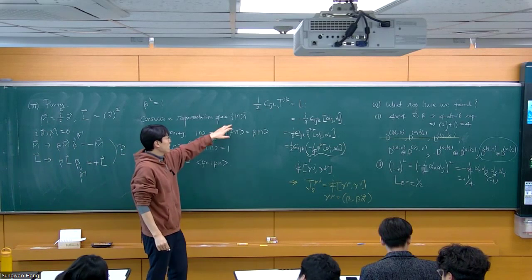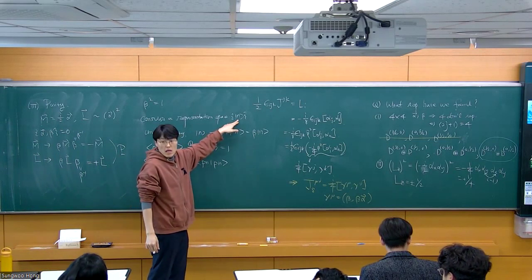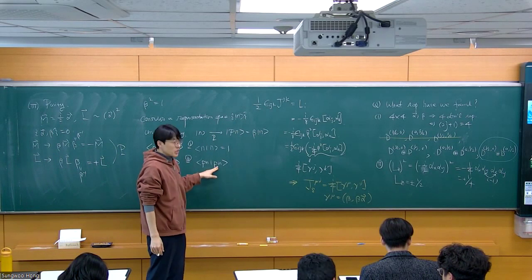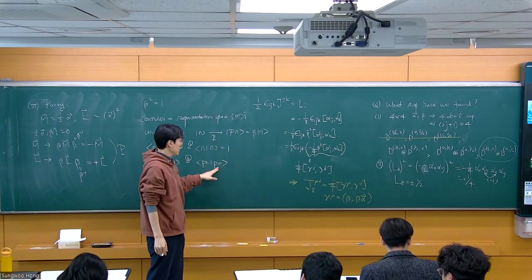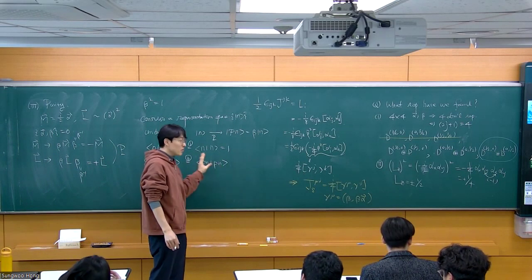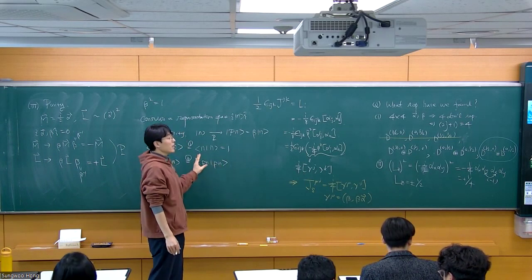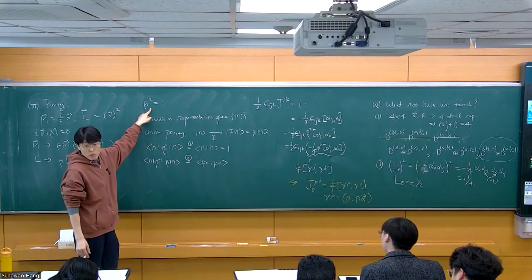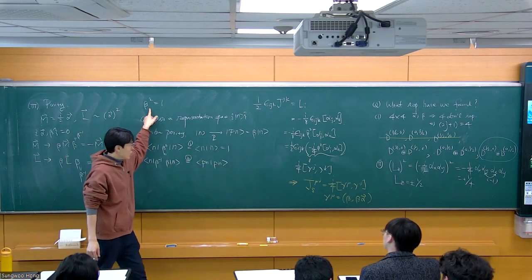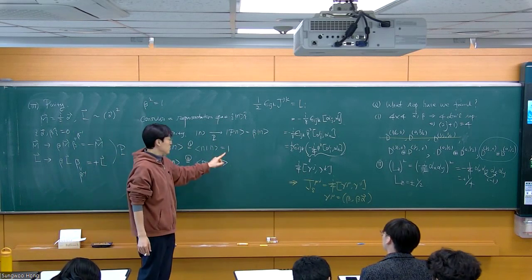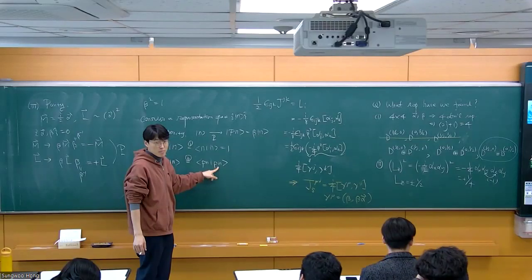Let me just say it in words. If your representation space does not include the parity inversion of something, then such a state doesn't exist, and this is trivial. On the other hand, for that representation space to be consistent with the Clifford algebra, you're demanding that it should be equal to 1, which means that such a state must exist.